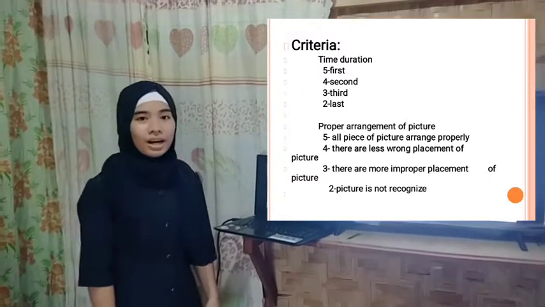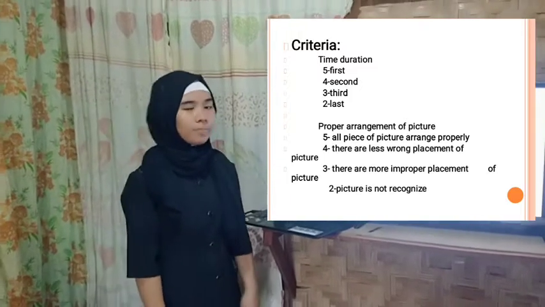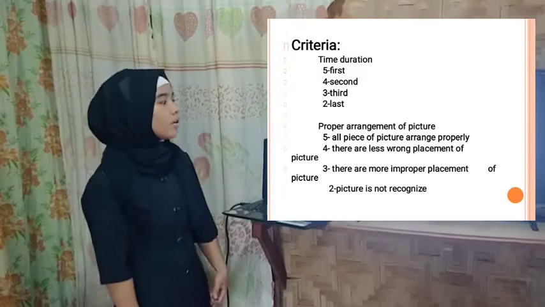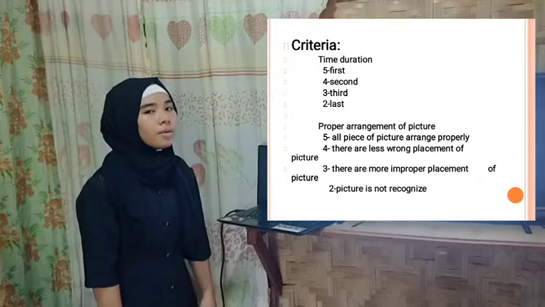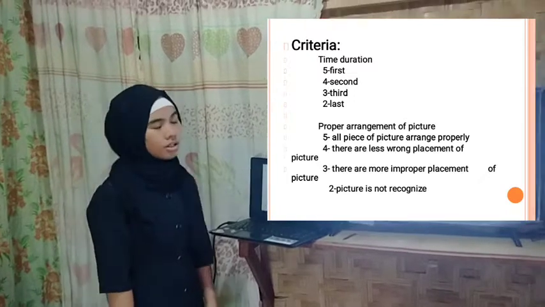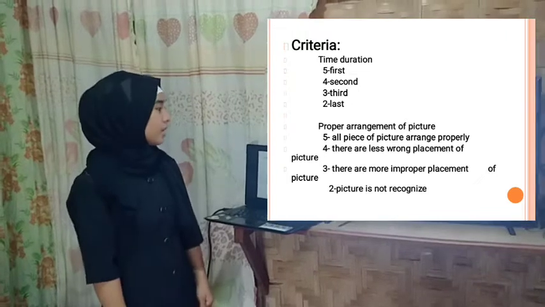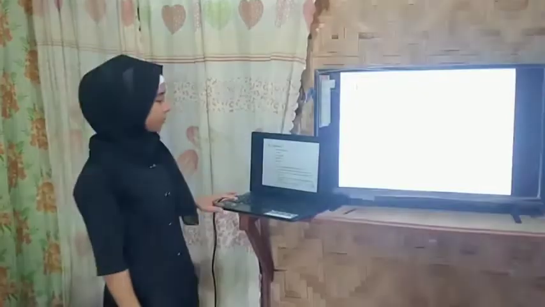Then, for the proper arrangement of pictures, 5 points if all the pieces of picture arranged properly. Then, 4 points if there are less wrong placement of the picture. Then 3 points if there are more improper placement of the picture. And then 2 if the picture is not recognized.